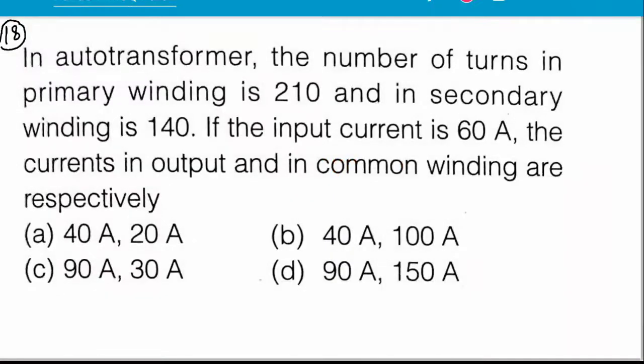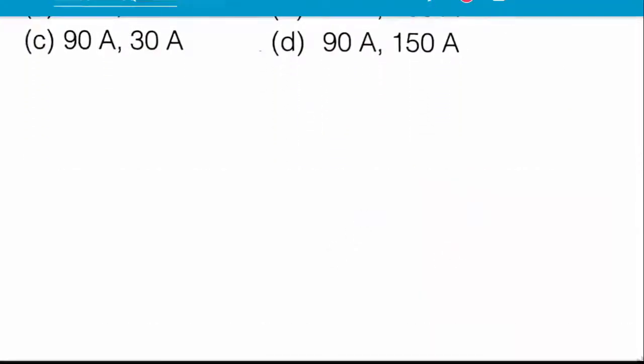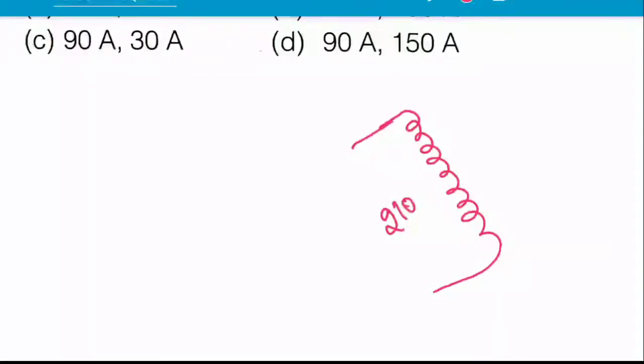So next question, in an auto transformer the number of turns in the primary winding is 210 and the secondary winding is 140. If the input current is 60 ampere, the currents in the output and in the common winding are respectively. This is also a very easy question. This is the auto transformer and this side 210 turns, and here the primary and secondary are connected.